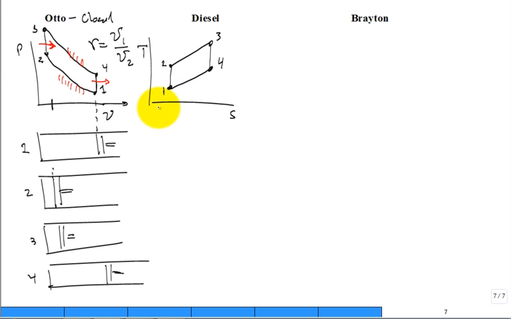So that's what the cycle looks like, both on a TS as well as a PV diagram. Let's do the diesel. Oh, one other thing. For practical application, this is used to simulate our gasoline engines. Okay. What is a typical compression ratio for many gasoline engines?